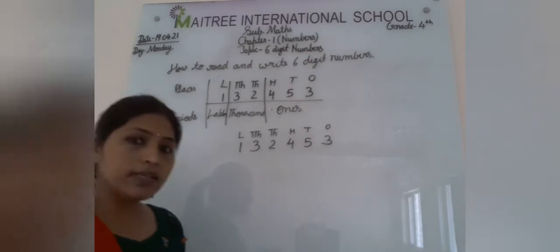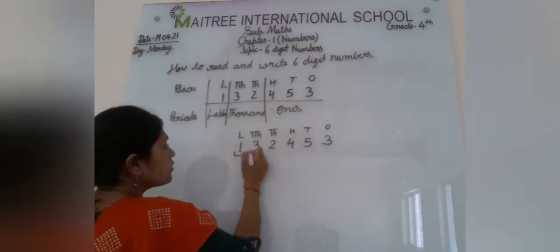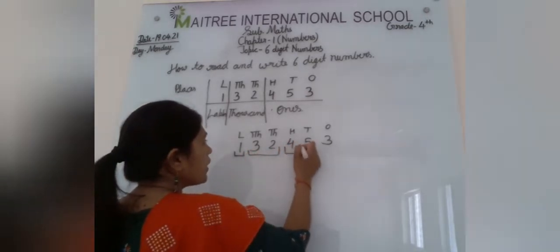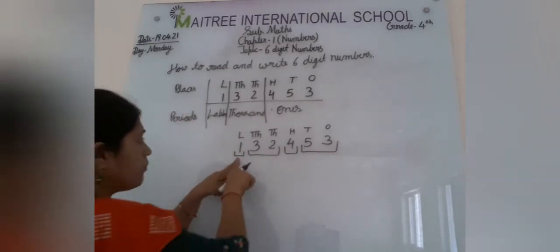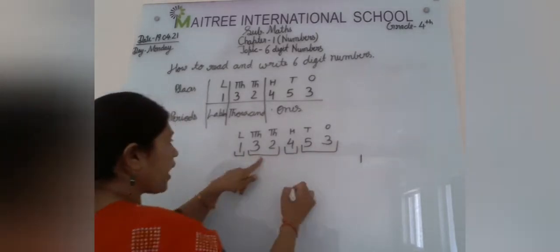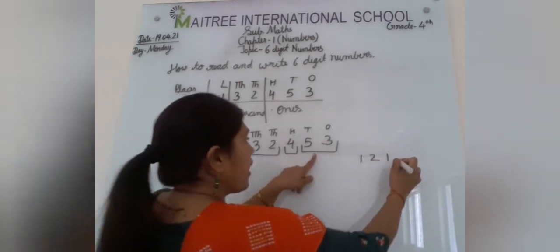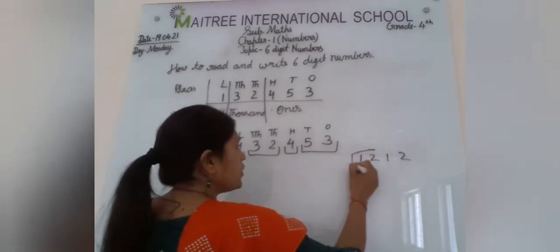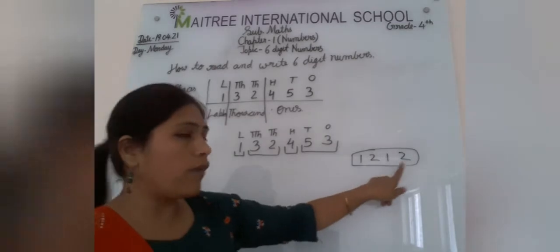Now listen and watch carefully. 1 digit, then we'll take 2 digits together, then 1 digit, then 2 digits together. See, it's a pattern. Just fix it in your mind: the pattern 1 2 1 2.